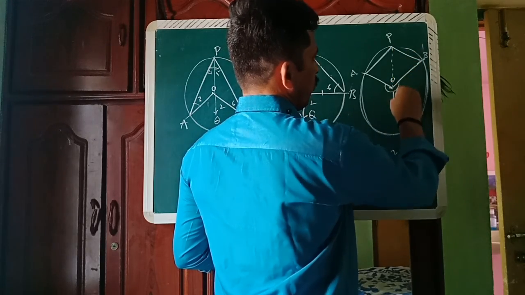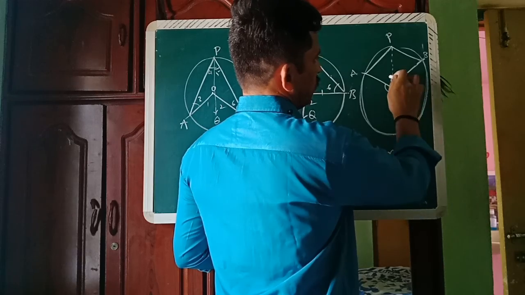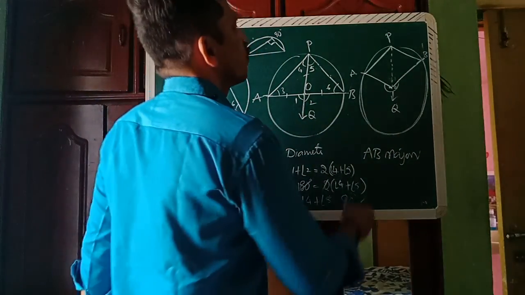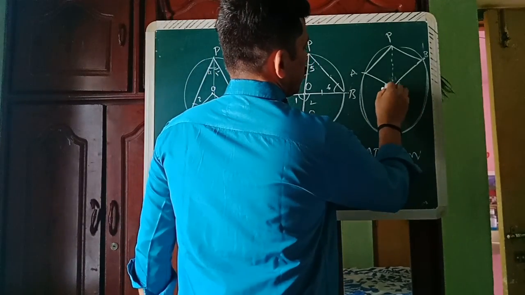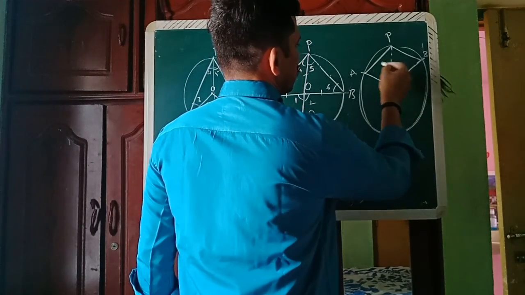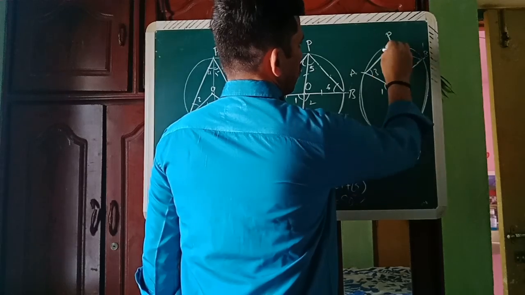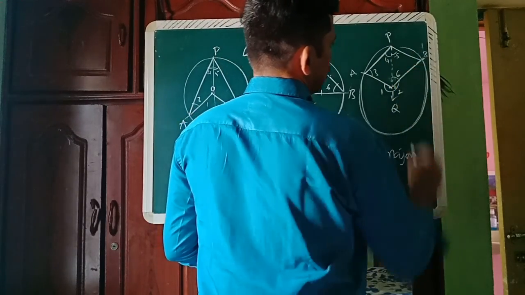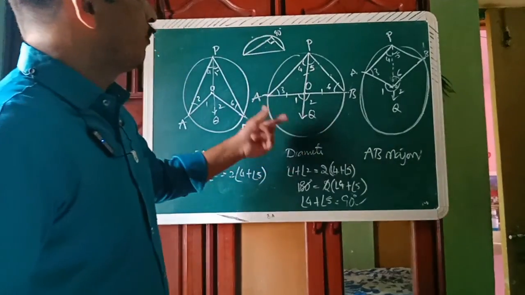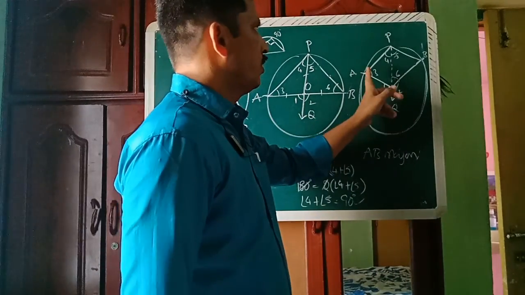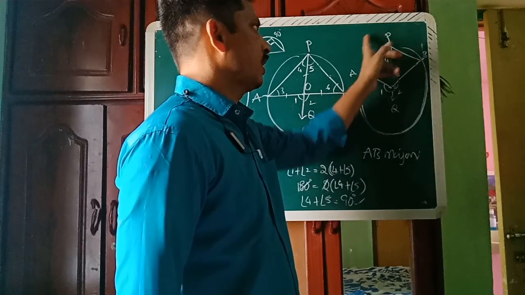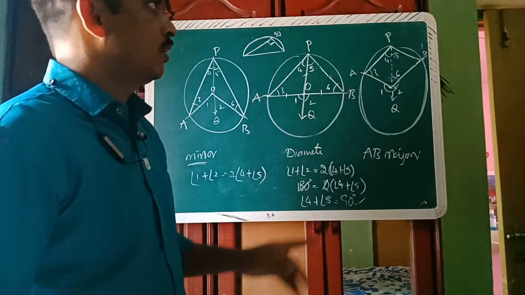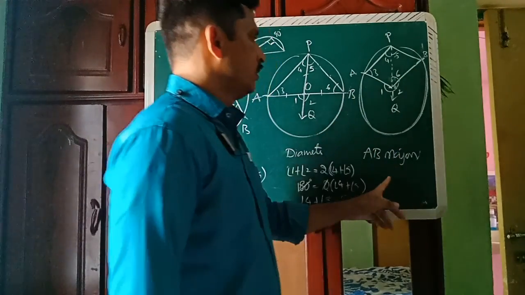Join OP and extend to Q. Also write the same 1, 2, divide angles 3, 4, 5, 6. So apply the same property. In triangle OAP, angle 1 is equal to angle 3 plus angle 4.